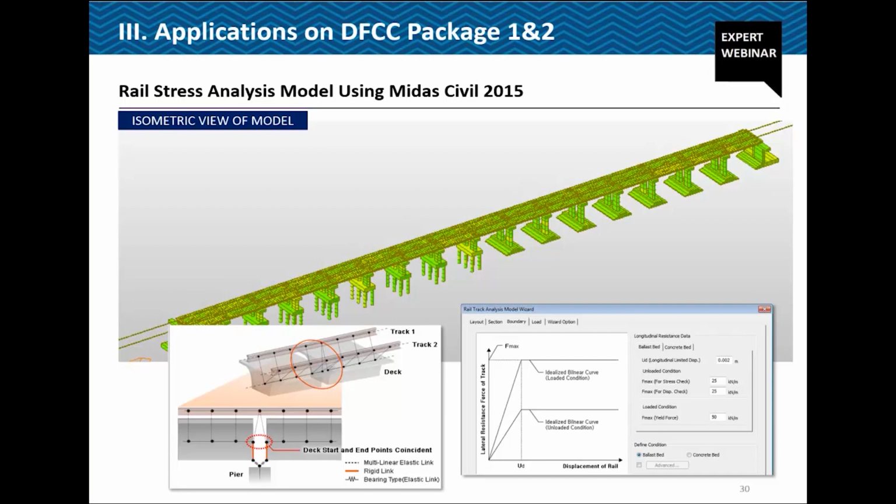We can define this kind of bilinear, nonlinear material to demonstrate the fastener, which is shown here. This is the model configuration. Rail and girder are linked together with a nonlinear multilinear link property, and the substructure is modeled accordingly.